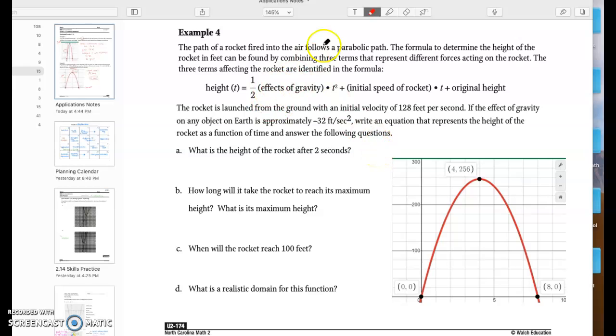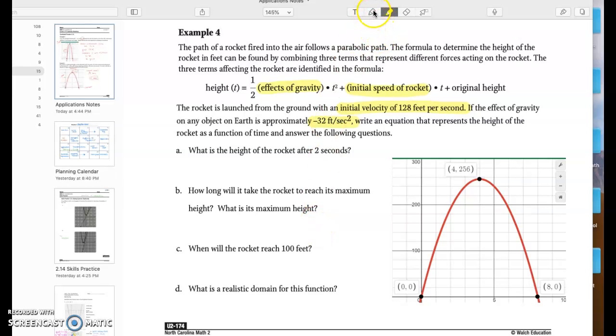So again, we are simply looking for the places that we can replace these with the information in the scenario. We have the initial velocity of 128 feet per second, and we have the effect of gravity at negative 32 feet per second squared.